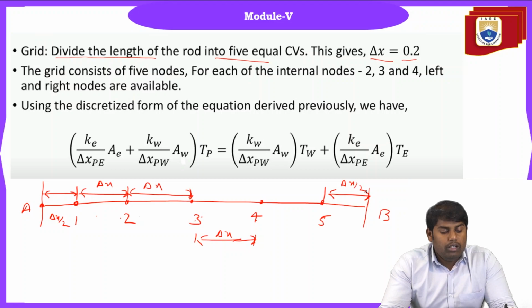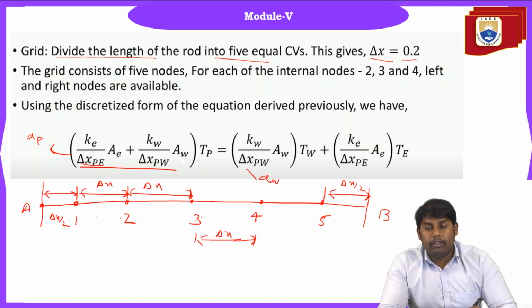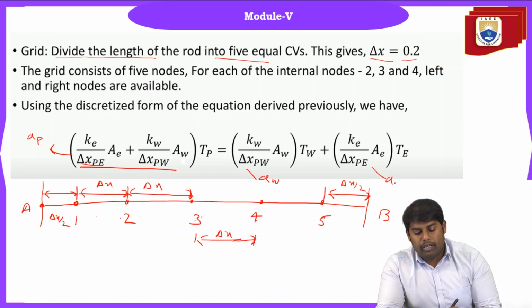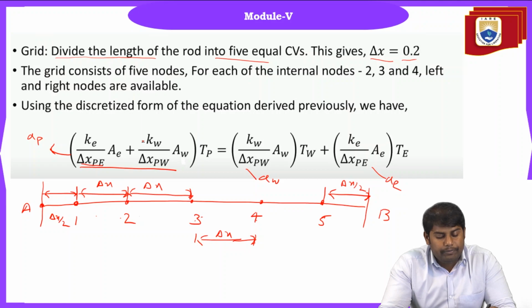Now what is happening actually in the equation. So this is the basic equation which we have. So Ke, this term we have already seen. This is called the AP term, this term is called the AW term, and this term we call the AE term. Fine. So when you have the wall, we take the source term as 0.